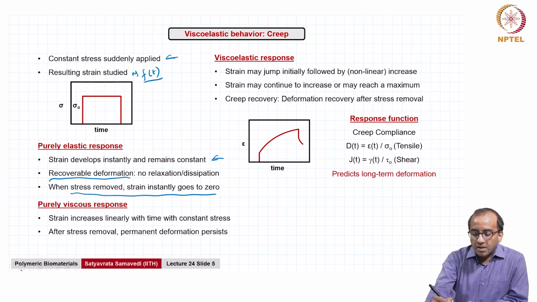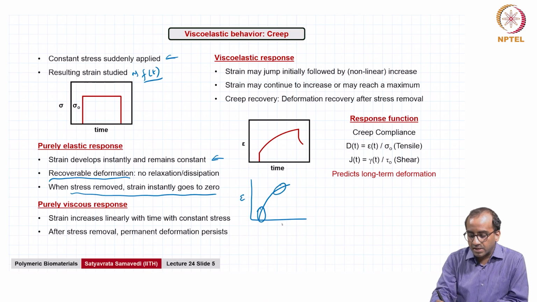Now, if you want to look at the viscoelastic response, what is the situation? Here, as we have just seen, this is just one example. The strain may jump initially and then follow a non-linear increase, right. This initial spike may be related to an elastic dominant kind of feature showing up here. This is sort of an exaggerated picture, but largely what you will get is something that looks like this, where the slope here is higher, and as time goes by the slope keeps dropping.